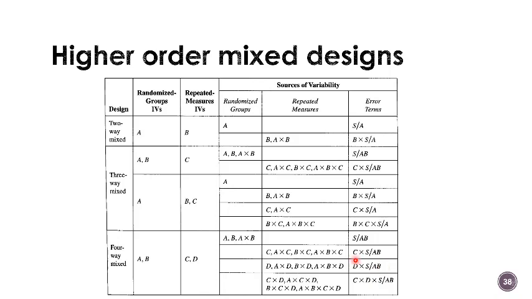The only time that changes is if we have both C and D together, it gets a different error term, which is C by D, A by C by D, B by C by D, and then A by B by C by D all get C by D by S with an AB. Because it has both the repeated measures factors in it, it's a separate error term than either of the repeated measures factors by themselves, like C or D alone.